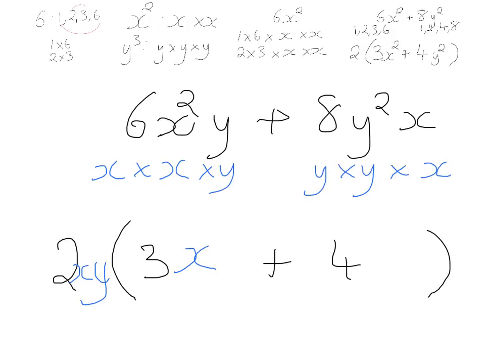Now, over on this side, the x I have used, and one of the y's I have used as well. So the only thing that's left to go inside the bracket is the y that was left over, this one. And now we have our fully factorised expression.